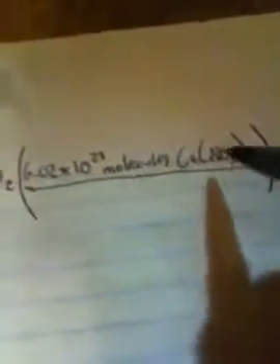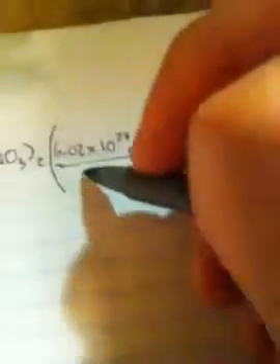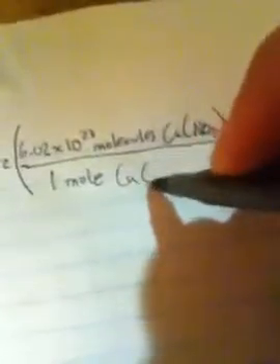So there's that many molecules in Ca(NO3)2, and we're going to write down all of our units. You don't need to do it, but it helps minimize errors. So there's 6.02 times 10 to the 23 molecules in that formula, and each molecule equals 1 mole of the same formula.